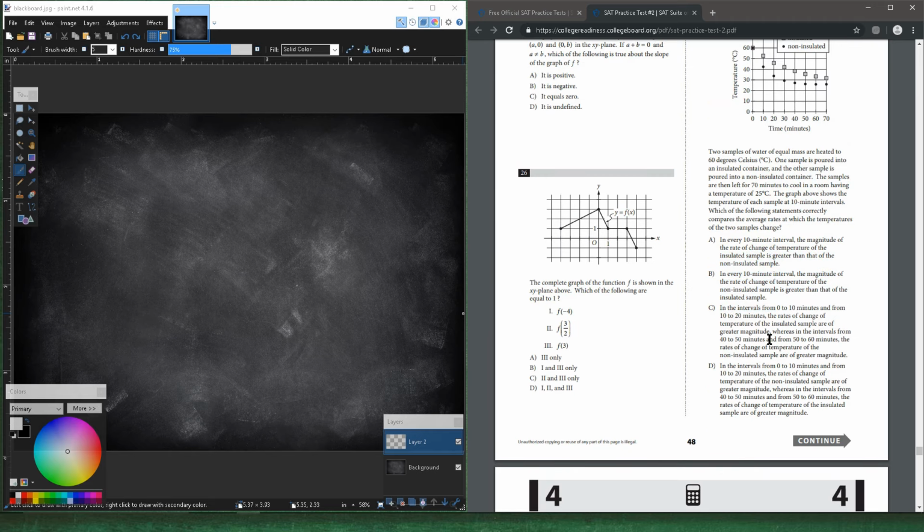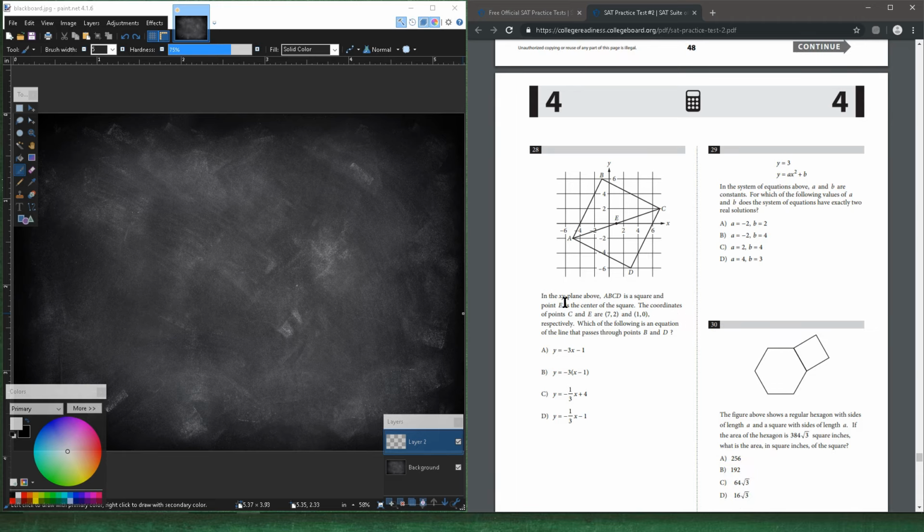In the xy plane above, ABCD is a square, and point E is the center of the square. The coordinates of C are 7, 2, and E is 1, 0. Which of the following is the line that passes through B and D? Okay?